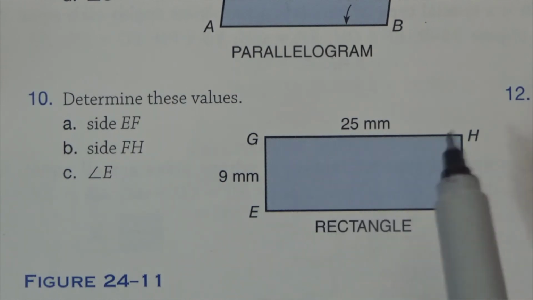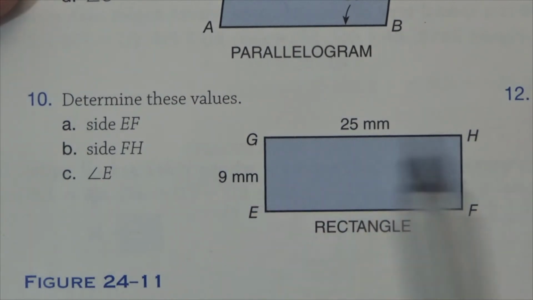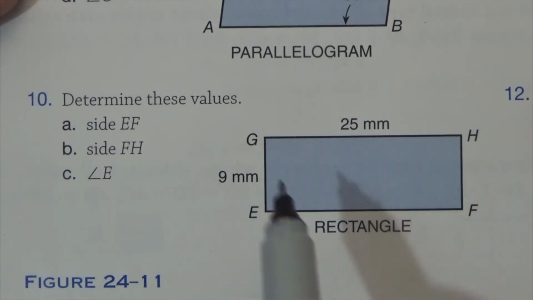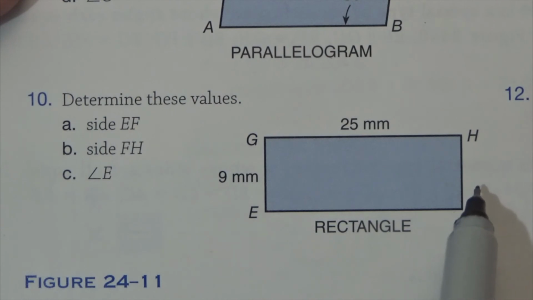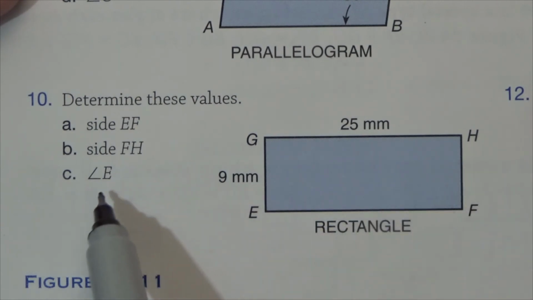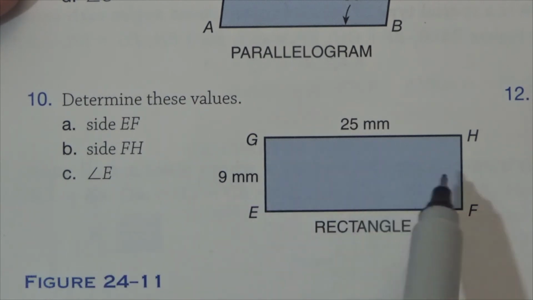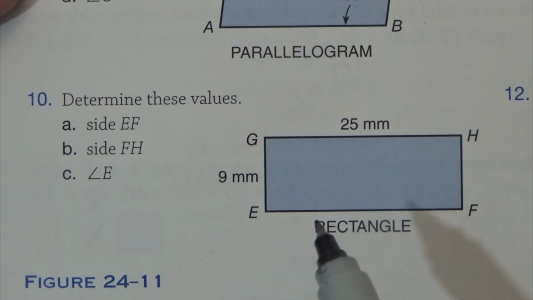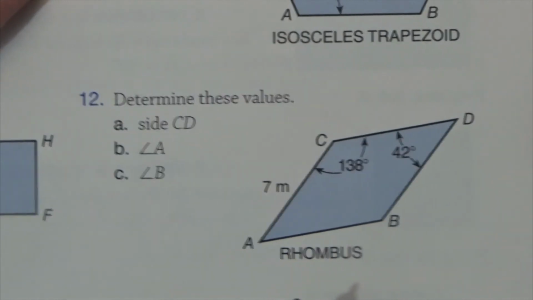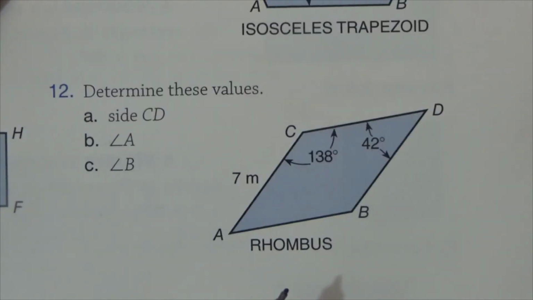So it's also a parallelogram and a rectangle. The opposite sides are equal too. So this one would be 9 and this one would be 25. Let's see what else we're looking for. Angle E. Now this one's kind of tough because they're not giving us, oh wait, it's got to be 90, right? Because it's a rectangle. That was my attempt at a joke. All of the angles are 90.